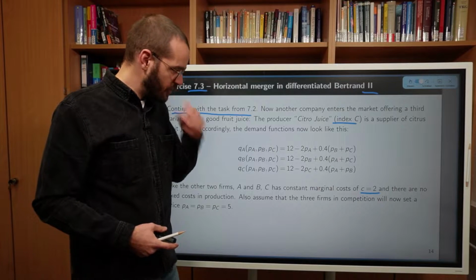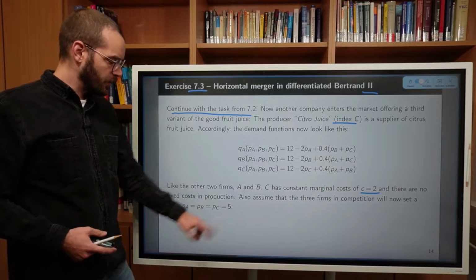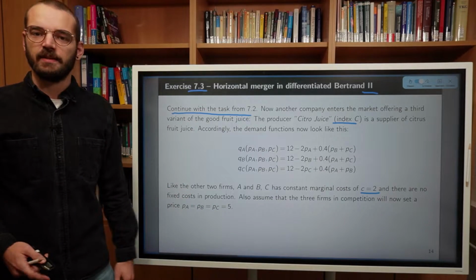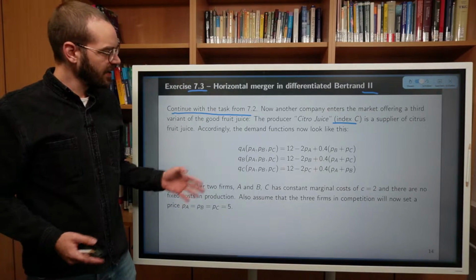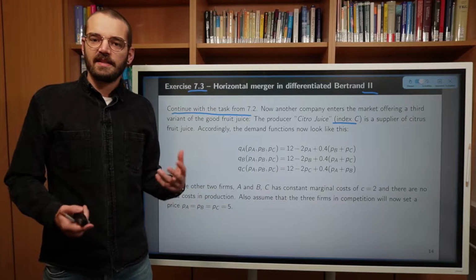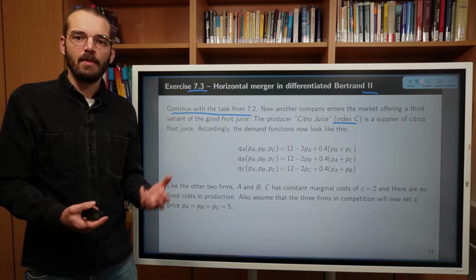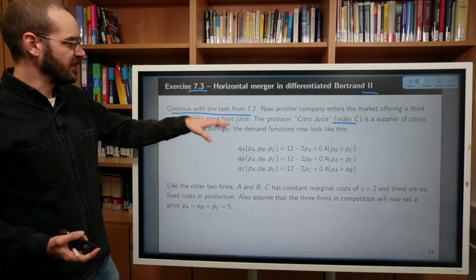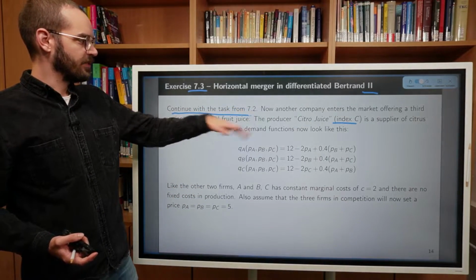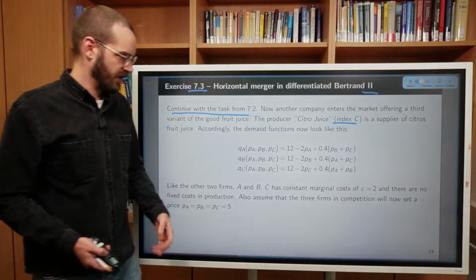We can now assume that all three firms in competition will set a price equal to 5, just as a starting point. What we are interested in is not the baseline competition situation, because it would be the exact same logic for solving this problem as in the previous exercise 7.2, but instead we want to continue from this point.